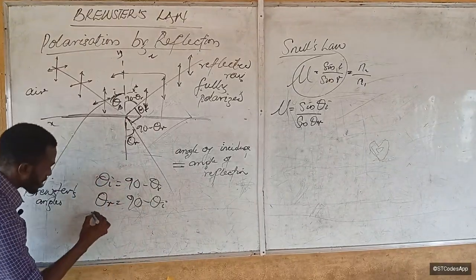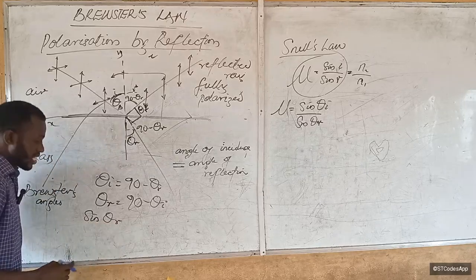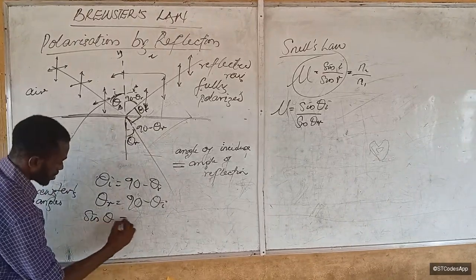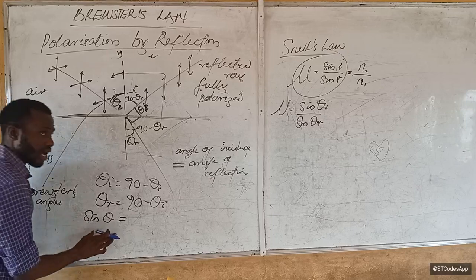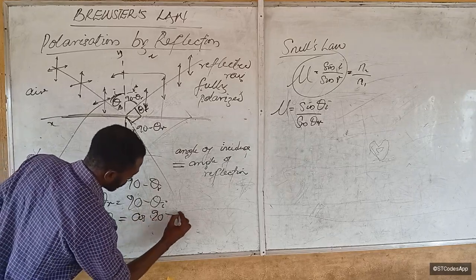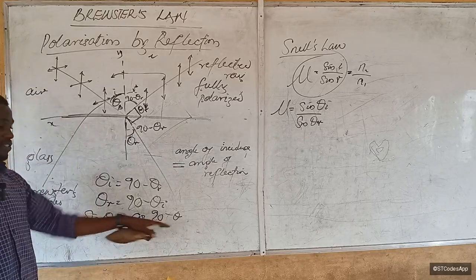So if this is true, then if I have sine theta r, remember that in this trigonometric relationship, we normally say that the sine of an angle is cos 90 minus that angle. Does that make sense to you? The sine of an angle is equal to cos 90 minus that angle.